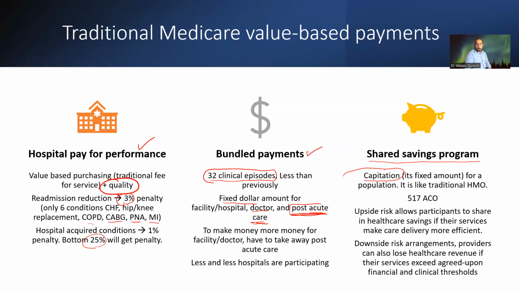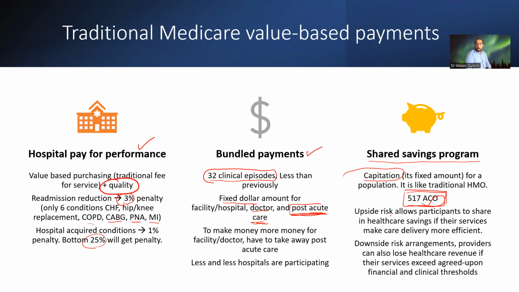There are only 517, and it may be an even smaller number now, ACOs that participate in this. So you get paid a fixed amount of money for a population, let's say the Medicare population that you're serving. And it's up to you how you are going to utilize it.